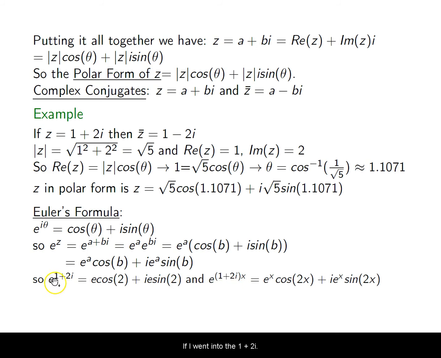If I went e to the 1 plus 2i times x, that's just e to the 1x cosine 2x, because x is now multiplied by both of these terms. Again, my differential equations students, you'll notice that this looks very familiar to some things that we have talked about when we have complex roots. So that will come about in the next video that we make, not next week, but the week after.